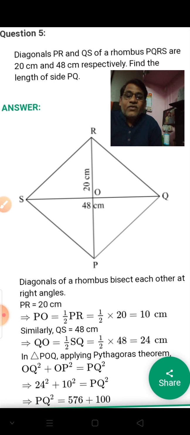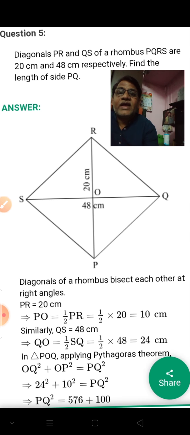So you have to find the value of PQ. You have to take this triangle, see, this triangle, right? So in this triangle, OQ square plus OP square is equal to PQ square. Therefore 24 square plus 10 square is equal to PQ square. Therefore PQ square is equal to 576 plus 100, it is 676. And when we find the square root of 676, you get the value of PQ, and that is 26. PQ is equal to 26 centimeter.